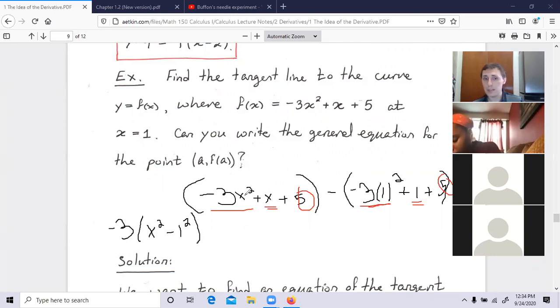That's what it amounts to be. It's always this minus 1 squared. So I factor out minus 3. Then I have x minus 1, so it's plus x minus 1. You with me? And the 5 minus 5 disappear. So I factor it this way. And now x squared minus 1 squared, you all know how to FOIL.